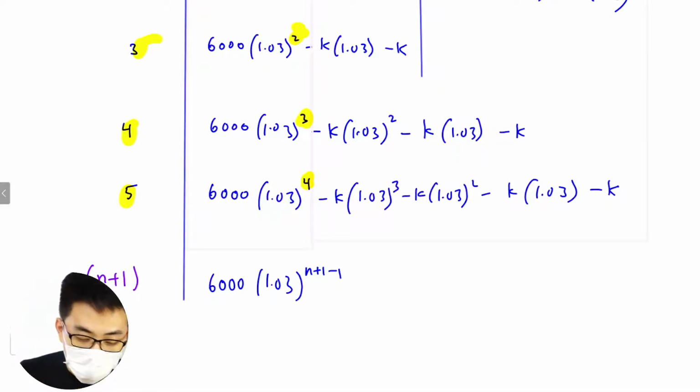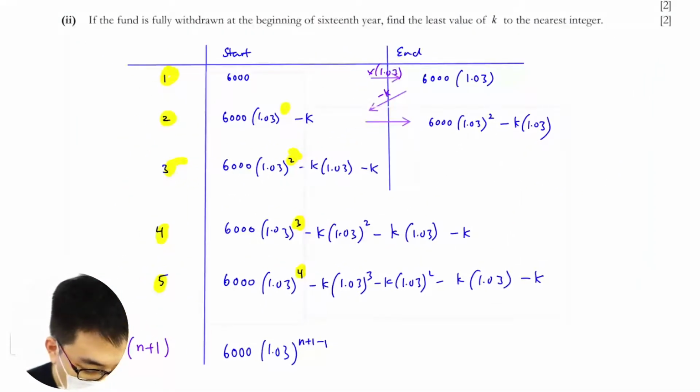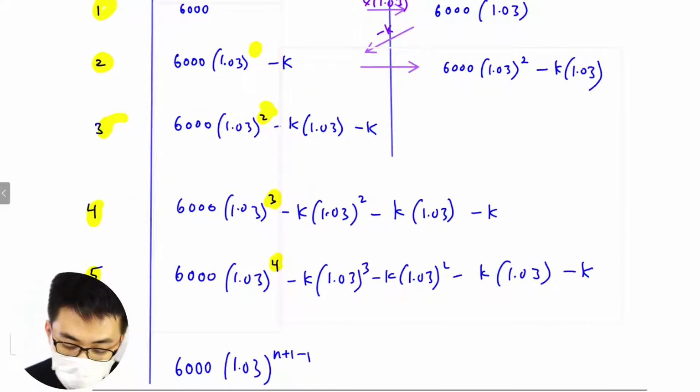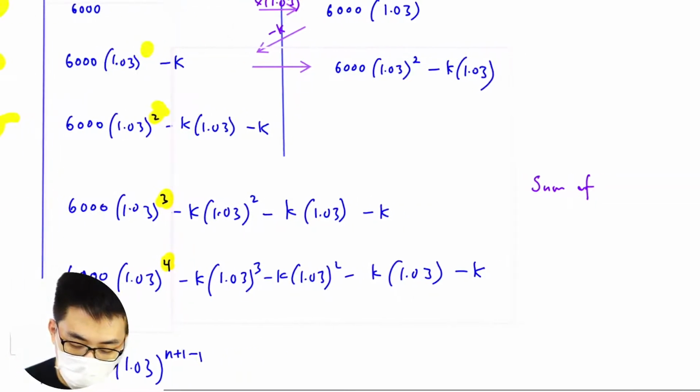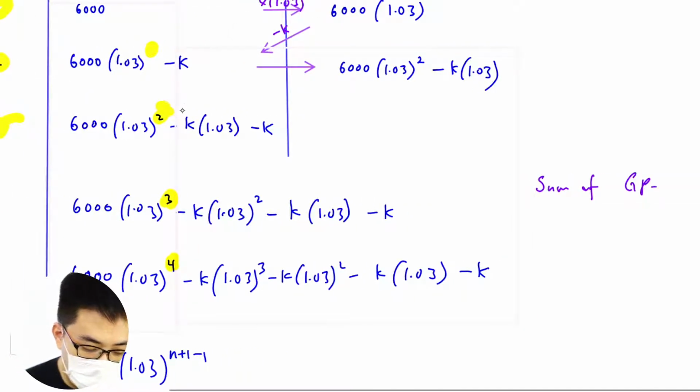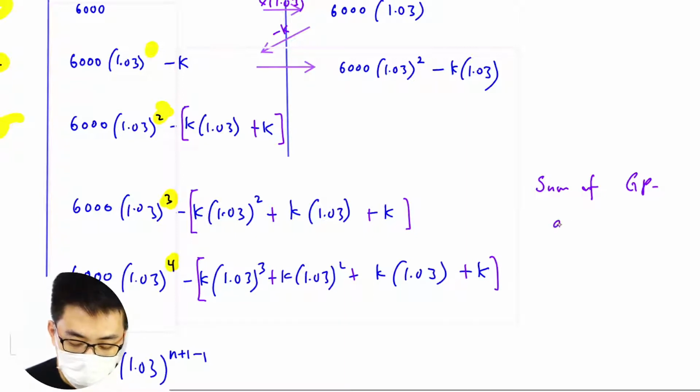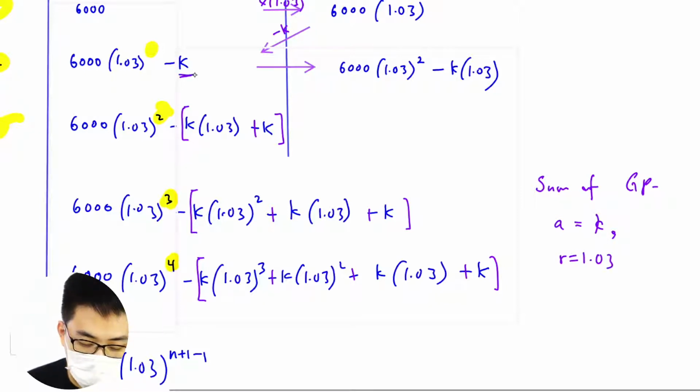Now the one behind here, what you do, these are sums of GP, right? The one behind is a sum of GP. In this case here, factorize the negative out. All these GP here, what's the first term? Okay, the R is 1.03. This one here is S what? This is the sum of how many terms?